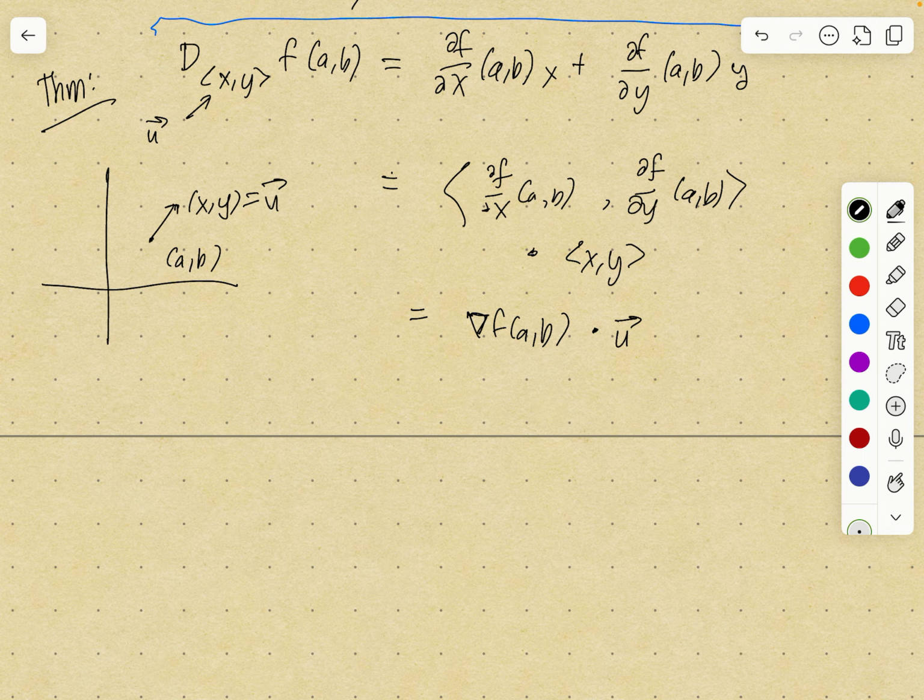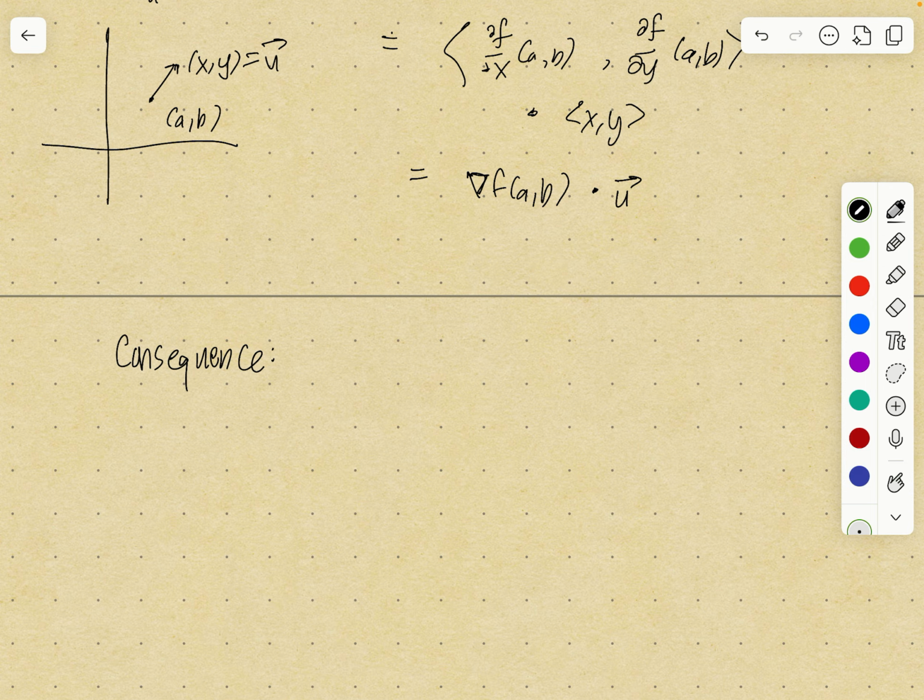So one consequence of this is, if you wanted to see, okay, you have this function at (a, b), and you want to know, in what direction, which value of u maximizes the directional derivative?